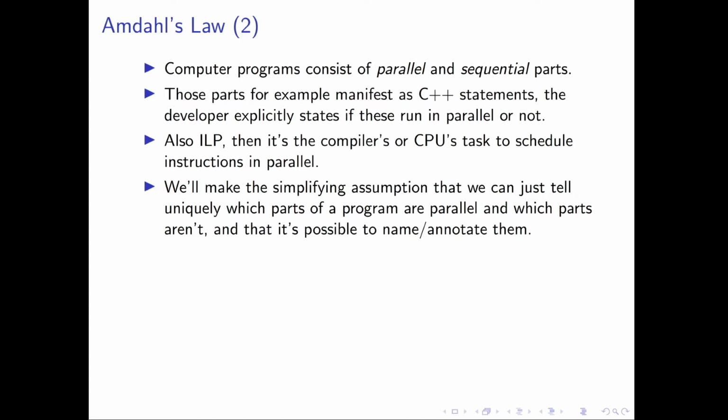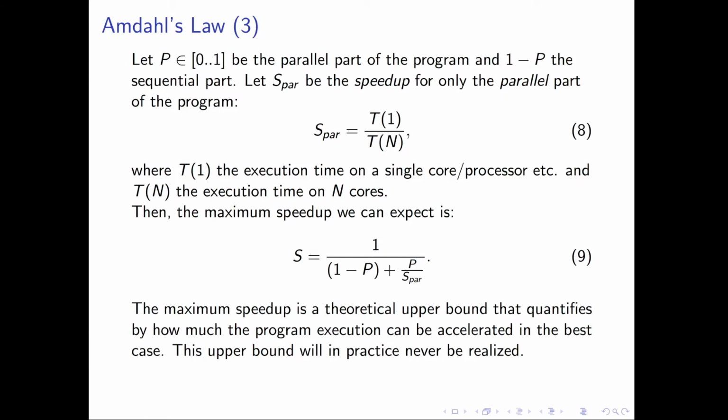But what we are able to do is exactly identify which parts of the program are parallel and which parts are sequential. We're able to annotate our program and say those parts can run in parallel and those parts are sequential.